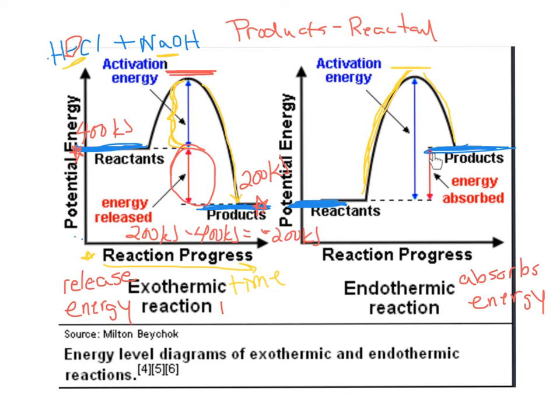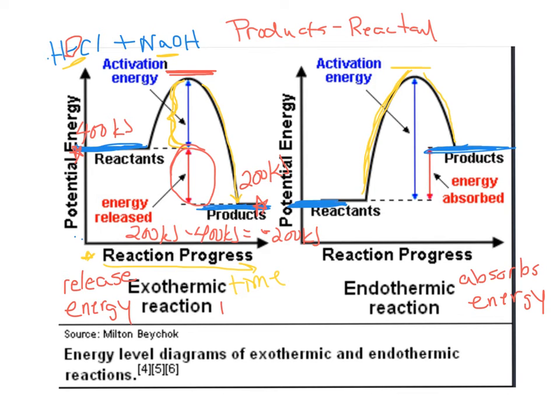So this is a slightly different situation where some of that activation energy that was needed to get the reaction to begin actually stays with the products. And so this is energy that was added to these new products, I should say.